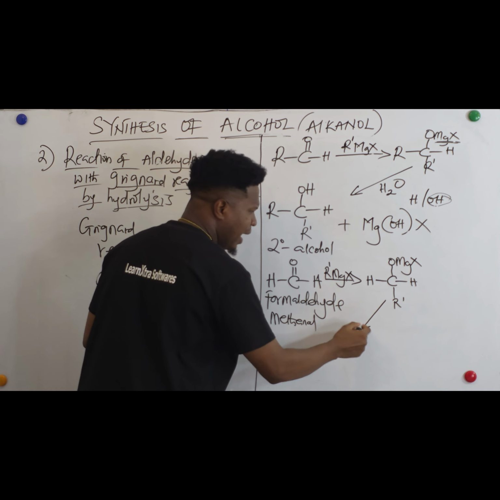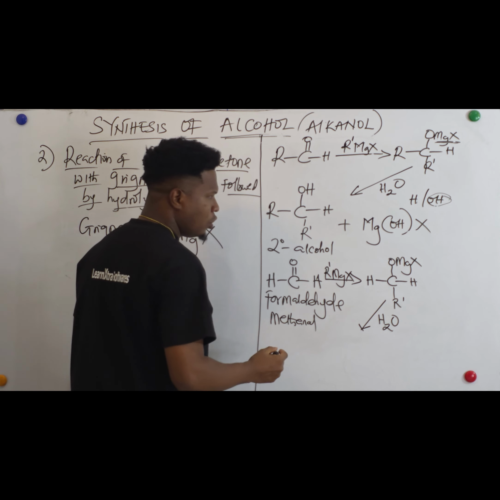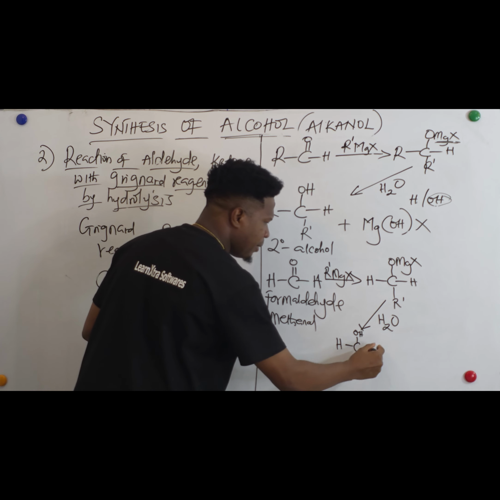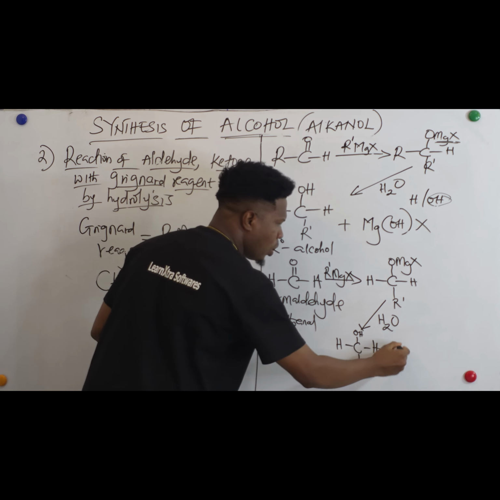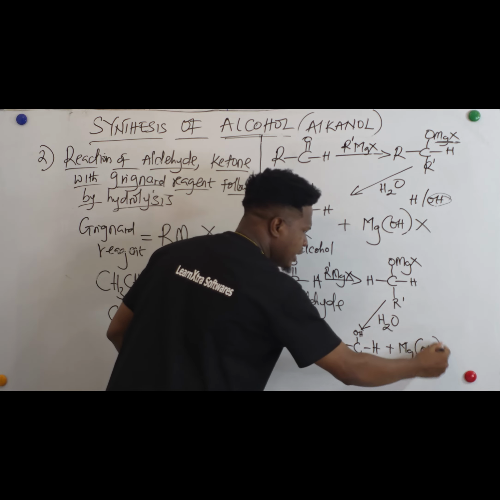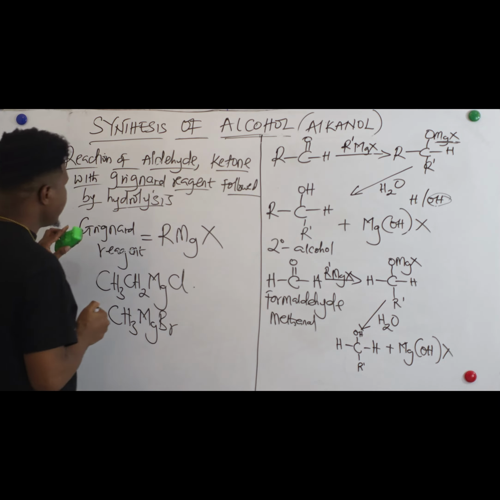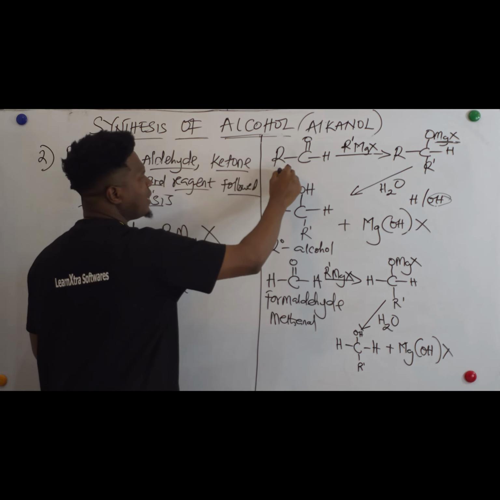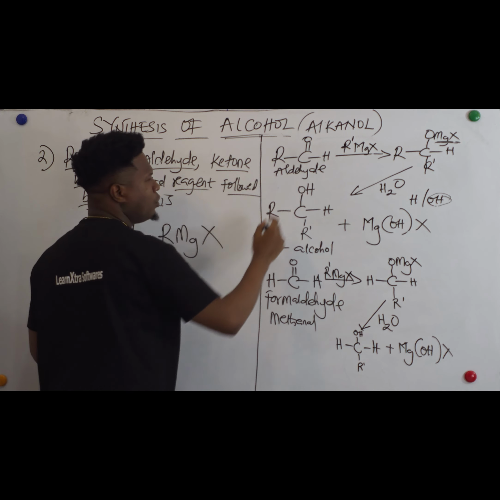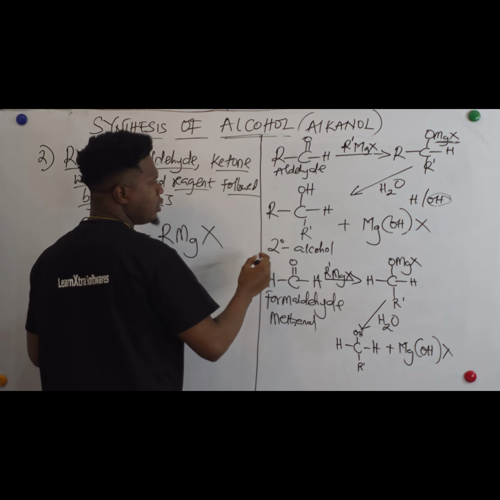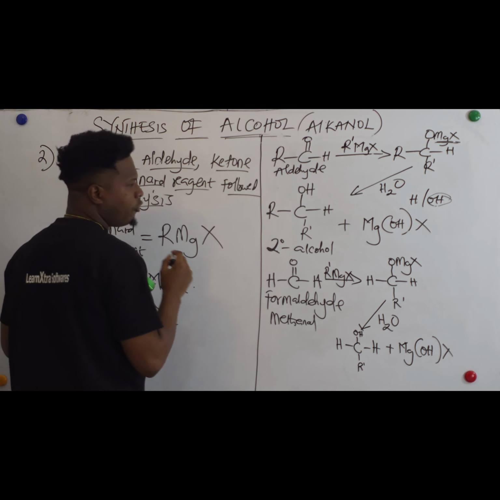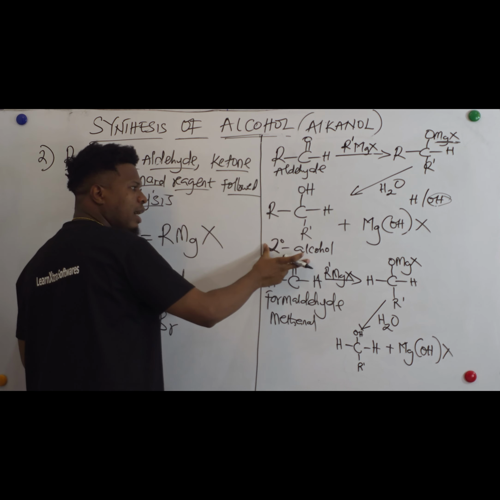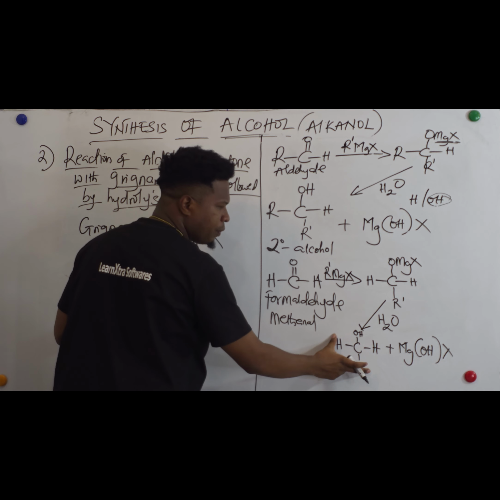So when you further hydrolyze with H2O, you will end up having H, OH, R prime, and H, plus MgOHX. So this is how you get from an aldehyde a secondary alcohol. Then from formaldehyde, the first member of this group, it doesn't give a secondary alcohol, it gives a primary alcohol. Why is it primary? I hope you know why.